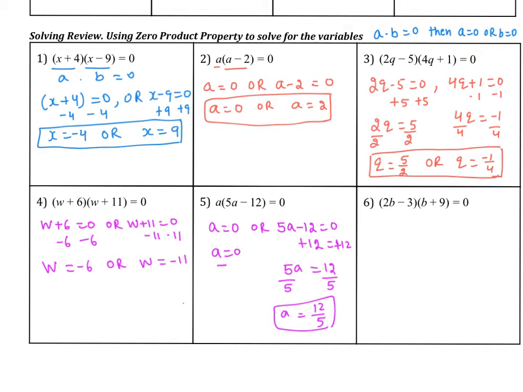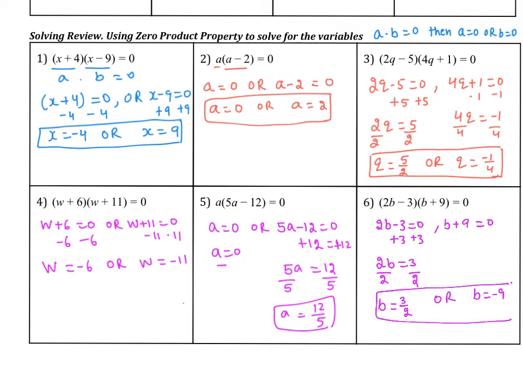For number 6, you're going to set the two expressions equal 0 one by one and solve for b. So plus 3 on both sides, 2b equals 3. Divide by 2, you're going to get b equals 3 over 2 or b equals negative 9.